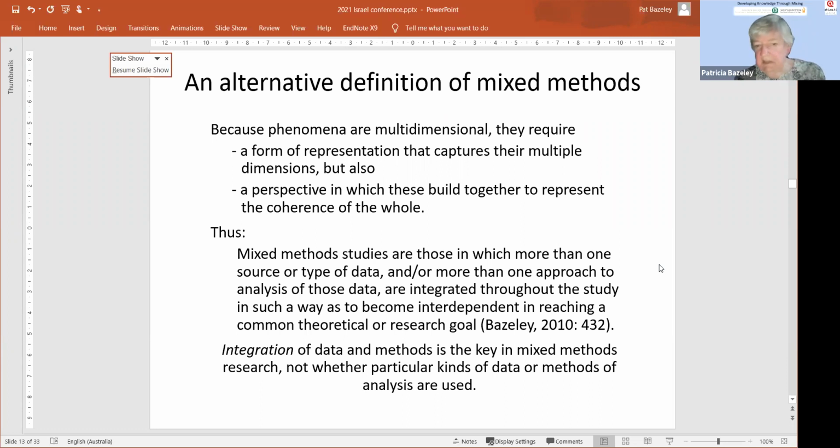So clearly there has to be a common purpose and goal, and whatever forms of data and methods you use at various stages in the research need to be integrated to achieve that goal. So integration is the key, not whether particular kinds of data or methods of analysis are used. So it's just doing research, but making sure that the different elements of that research are brought together and tied together.